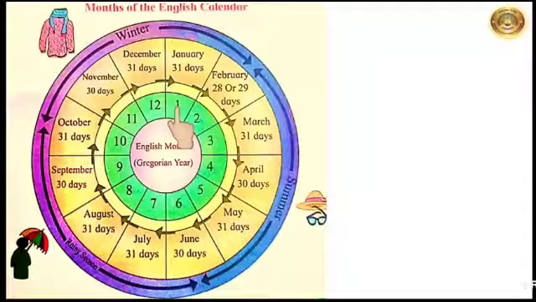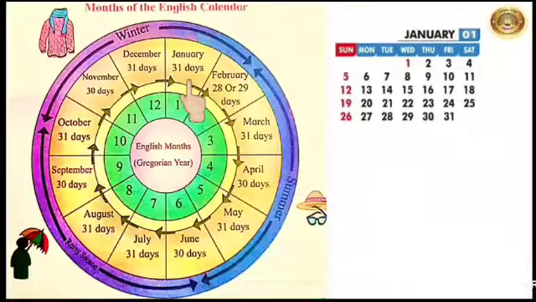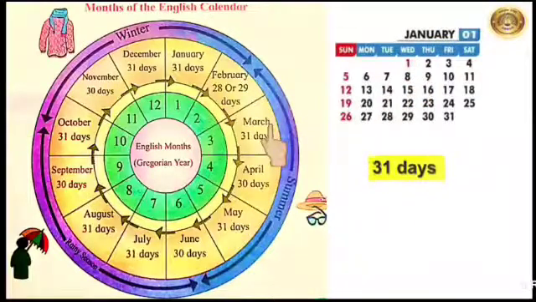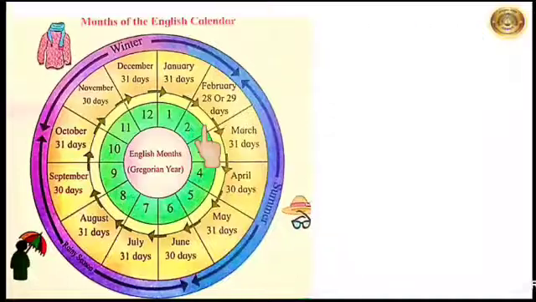What is the first month of the year? First month of the year is January. January is the first month of the year that has 31 days. The next month is February.